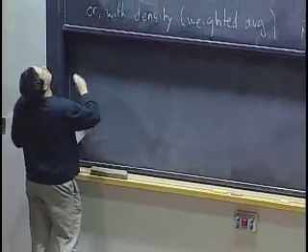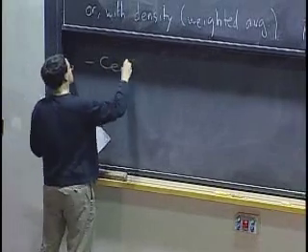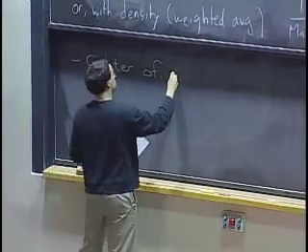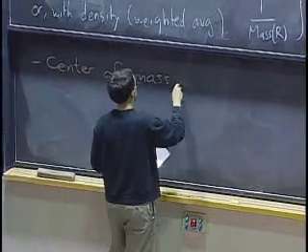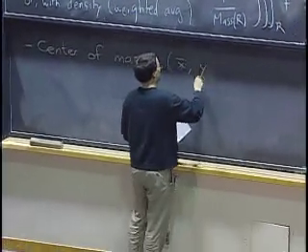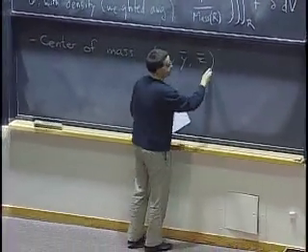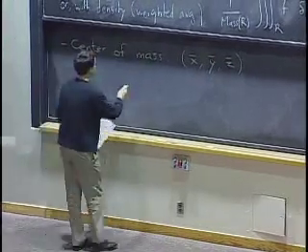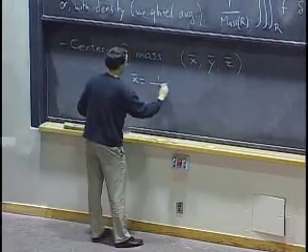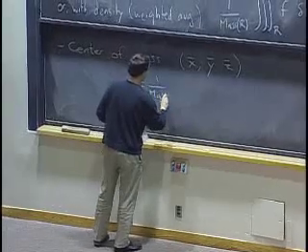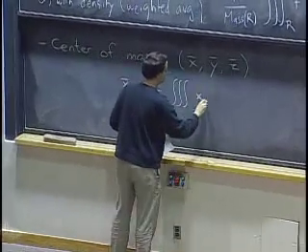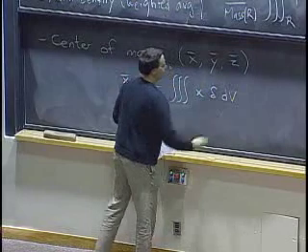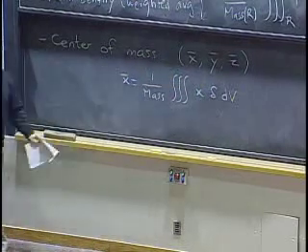The center of mass of a solid is just given by taking the average values of x, y, and z. So x bar is 1 over the mass times the triple integral of x density dv. And same thing with y and z.